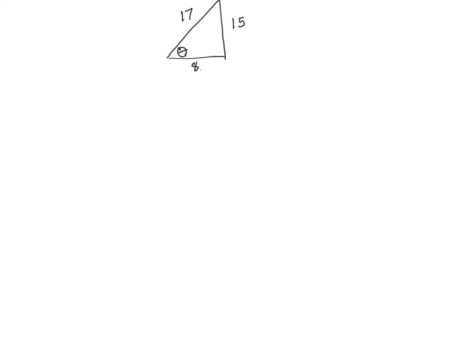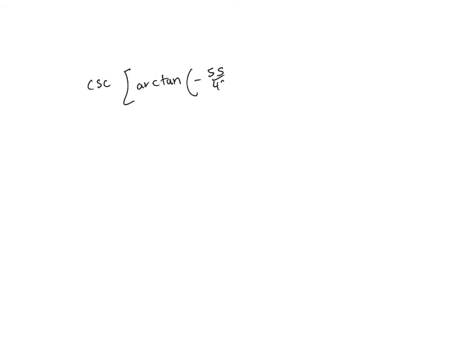Let's try one more. Let's say we want to find the cosecant of the arctangent of negative 55 over 48. Okay, so let's draw my triangle here.